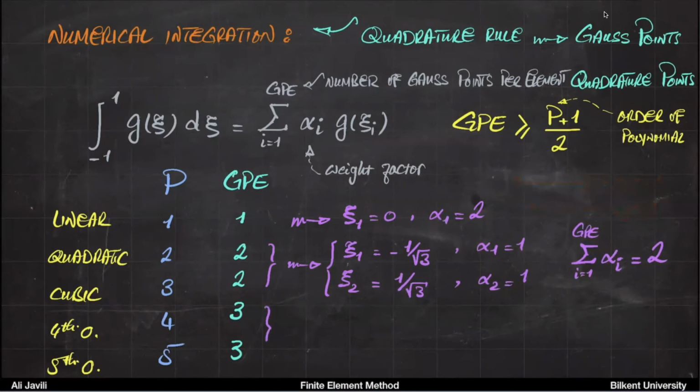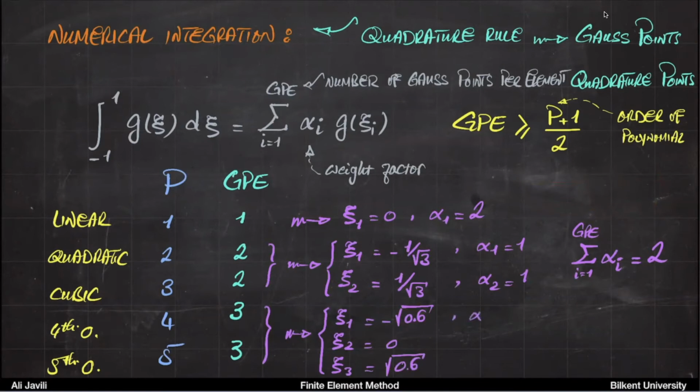If you have 3 Gauss points, then the coordinates xi 1, xi 2, xi 3 equal minus square root of 0.6, 0, and plus square root of 0.6.